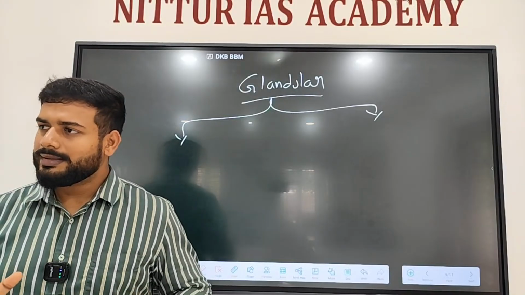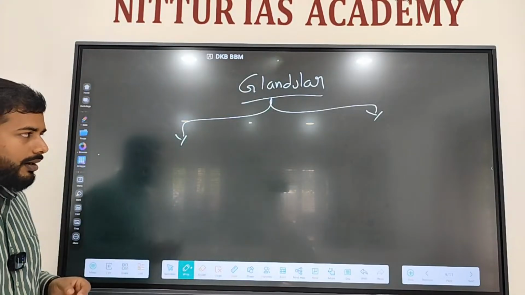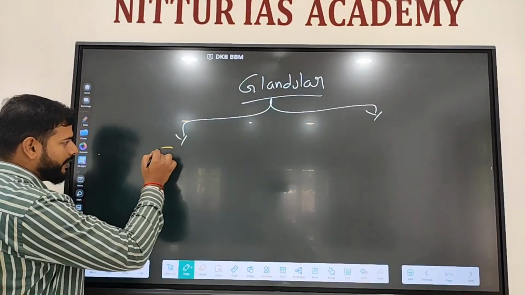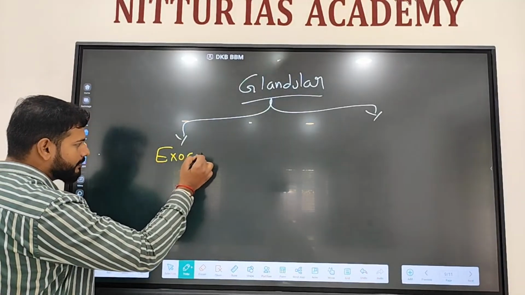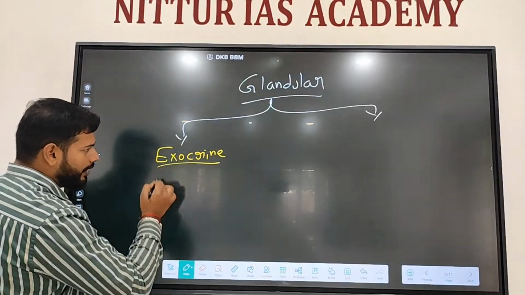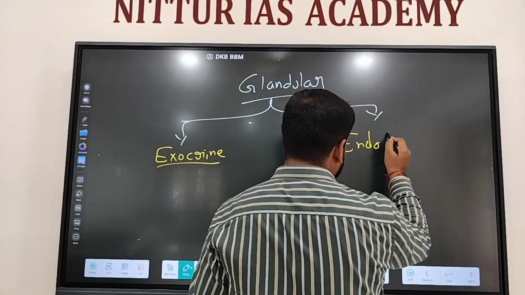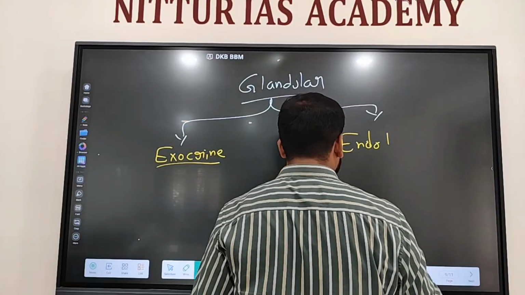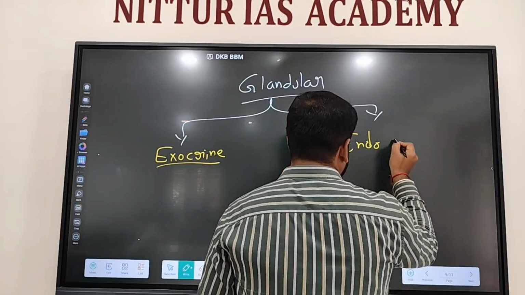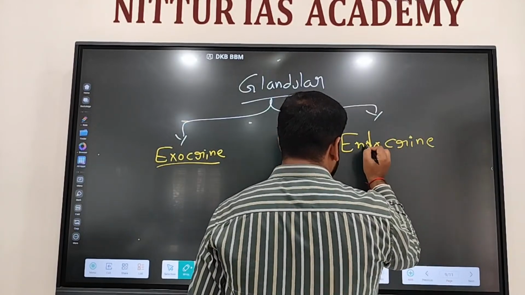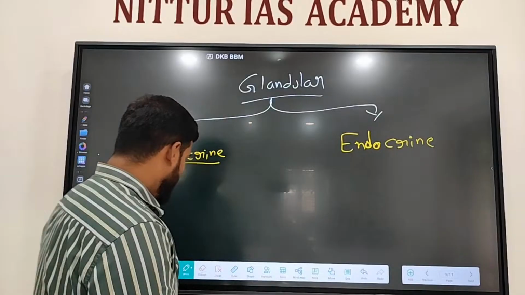There are so many glands in our body. Glands are classified into two types: exocrine gland and endocrine gland.